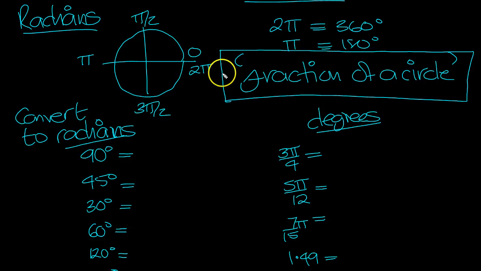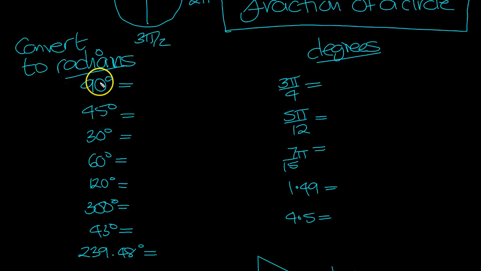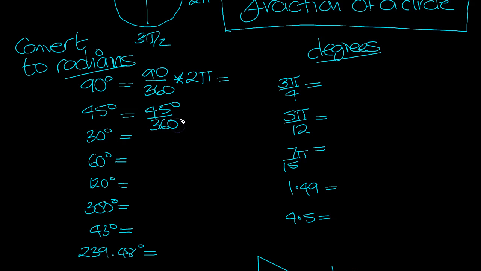So the way you go from radians to degrees and vice versa is just to remember the formula: fractions of a circle. So 90 degrees, as a fraction, is 90 parts of 360 of the circle, in radians then, and that's what you tap into your calculator. Here 45 as a fraction is 45 over 360, times a circle, which is 2 pi.